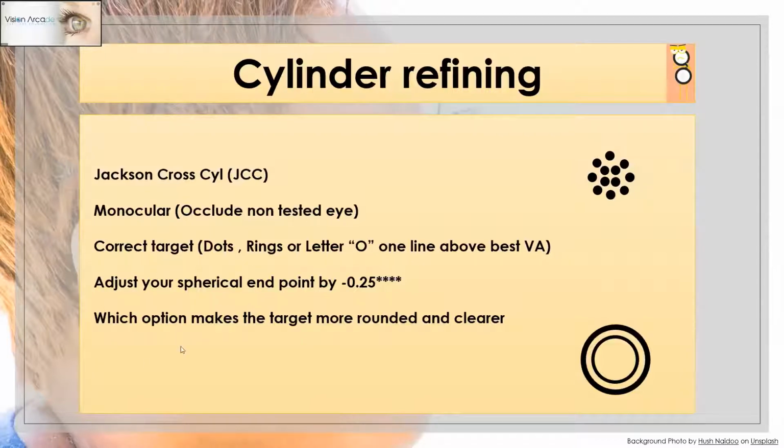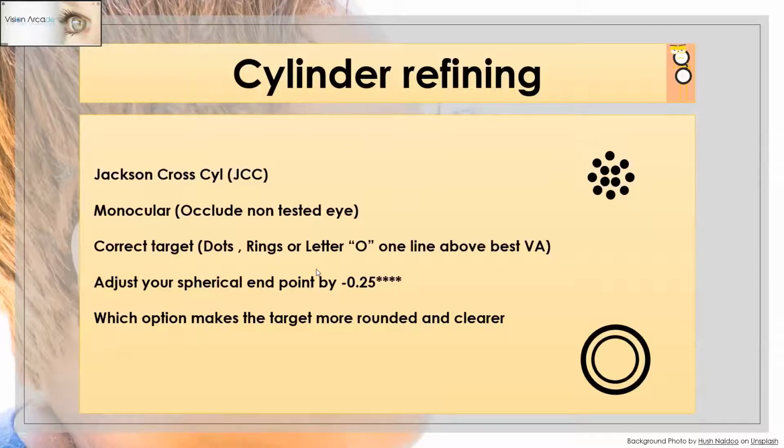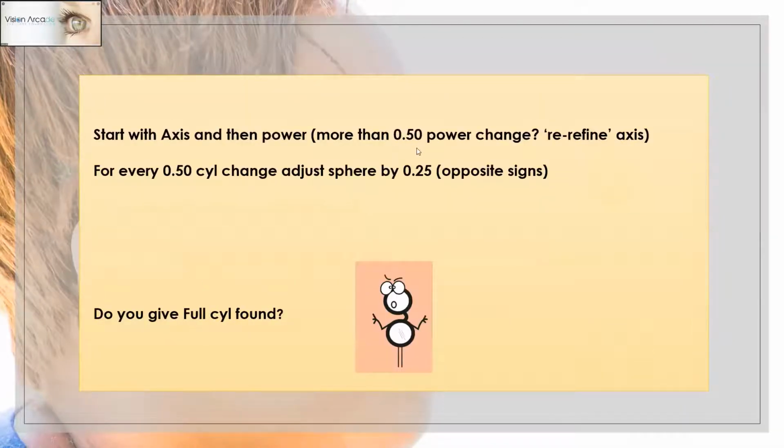And you need to ask the right question. Okay, so we'll start with refining the axis first. The question is, which option makes the target more rounded and clearer? And then a few more rules about Jackson cross cylinder.